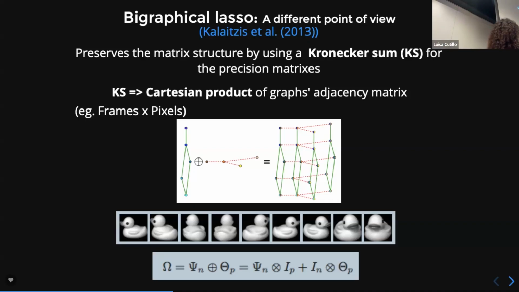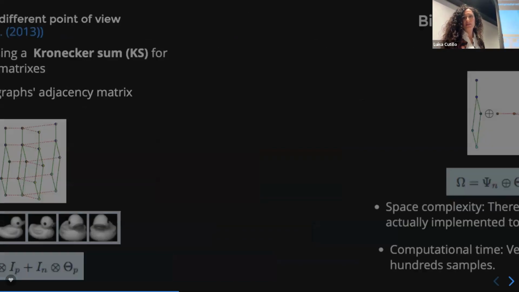Okay, so this is an example, but it's not from biology. This is just an image from a data set called COIL, where there are rotating images, and this is a rotating duck. So you can imagine one axis is the frames, and the other axis is the pixels of the images. And this is also another kind of application you can have for these approaches.